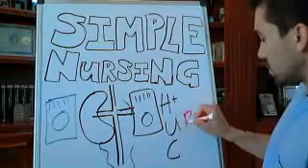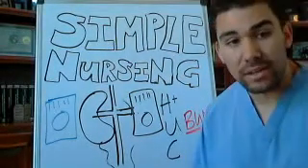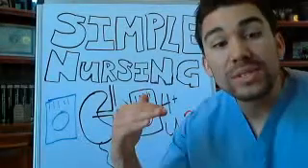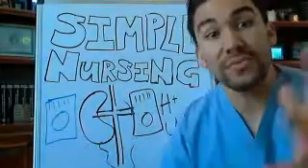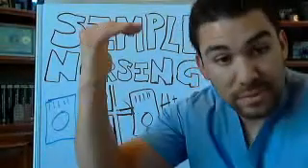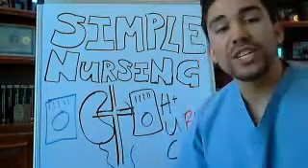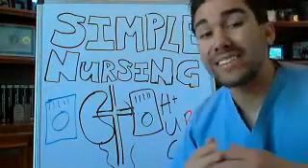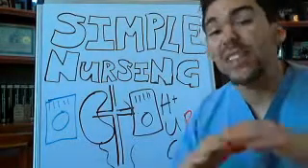Okay? So that's our BUN. Now, when your BUN goes up, this doesn't mean that you're in renal failure or that your kidneys are failing. When your BUN goes up, just think that your patient might be dehydrated. Your patient might be sitting in the sun too long, very hemoconcentrated, not a lot of fluid.